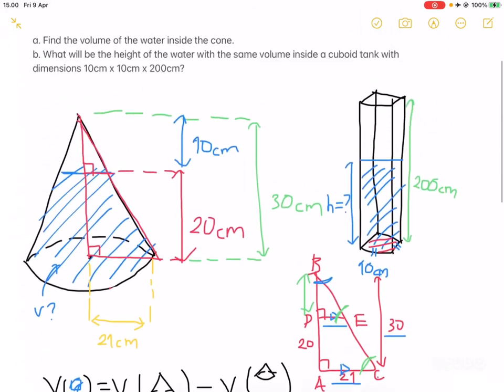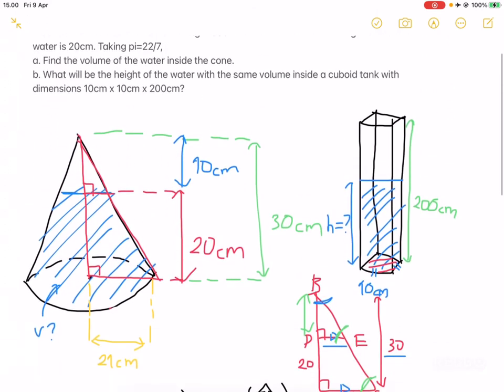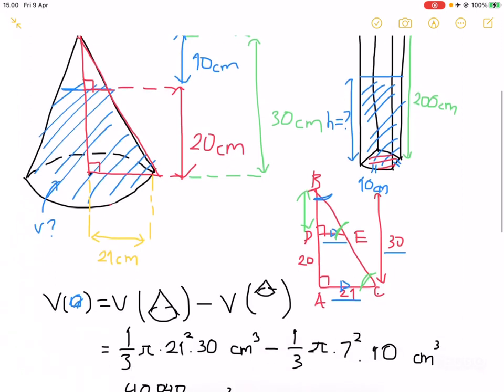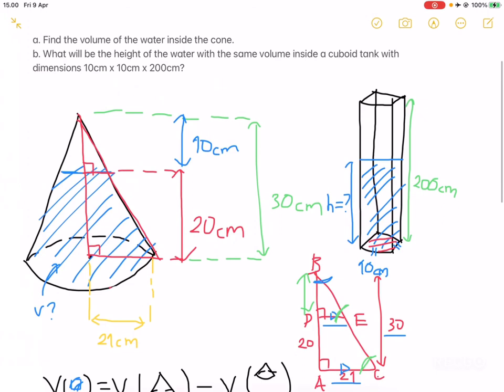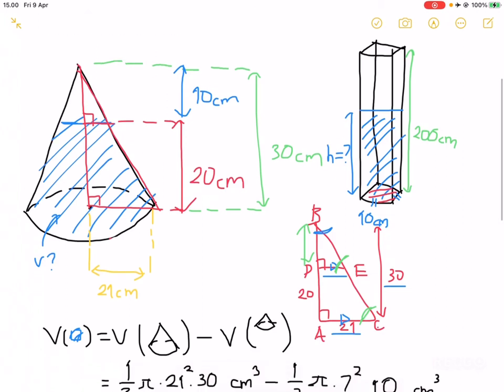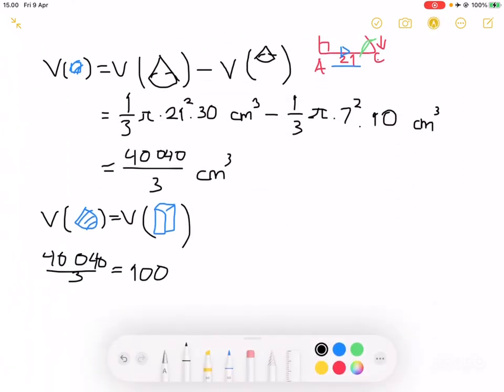I'll probably just add the units on the answer later. So anyways, the base area of our cuboid tank will be 100 centimeters squared, and our height of our cuboid formed by the water will be h, which is our unknown here.